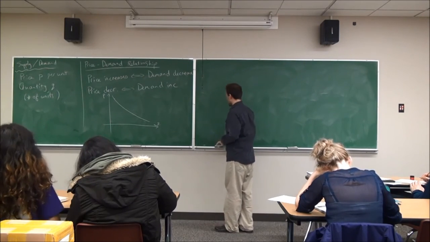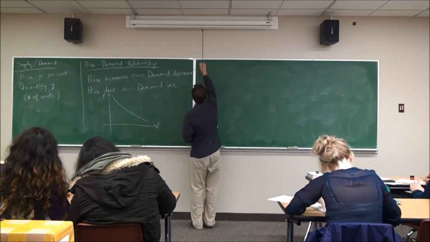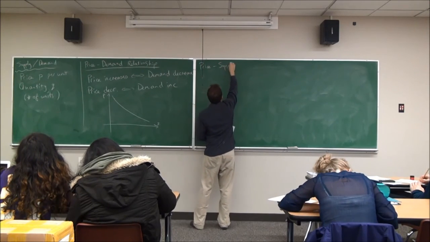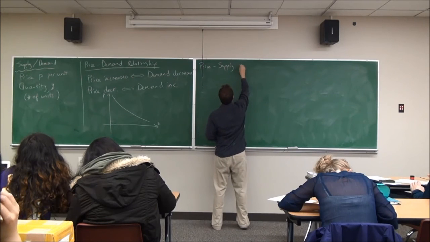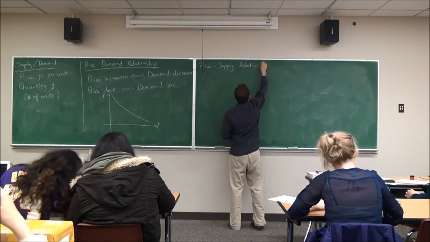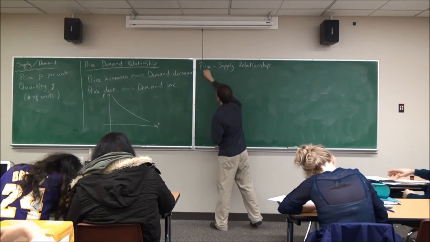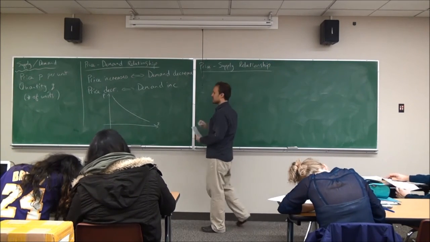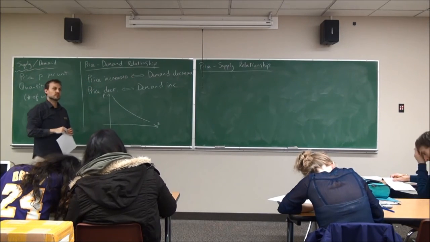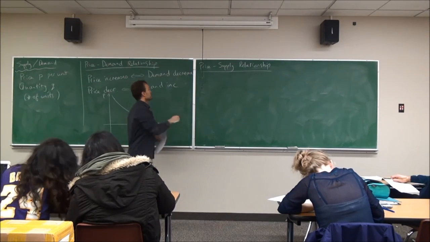Similarly, there's a relationship between the price of my product and the number of units the supplier wants to give me. If I'm selling this product and I can get a high price for it, maybe the supplier is more willing to give me the product.